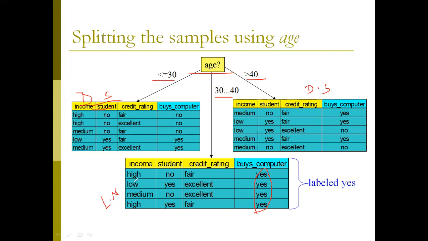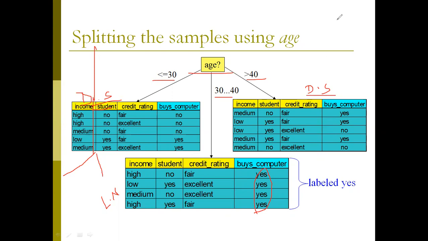Then you can go for splitting this value. Again, you need to calculate entropy, attribute gain, and the total gain.